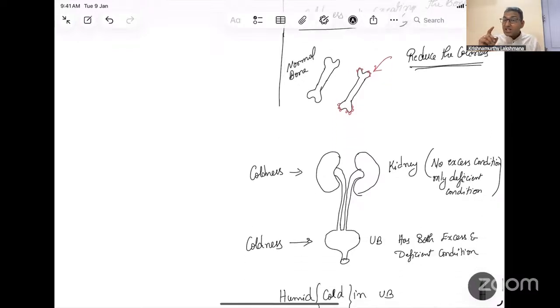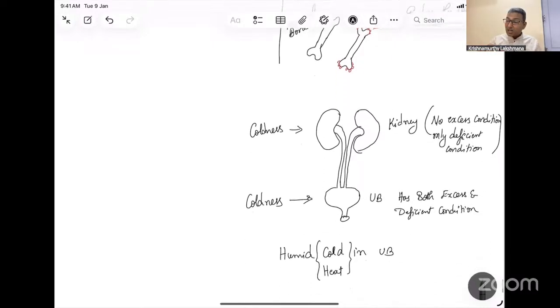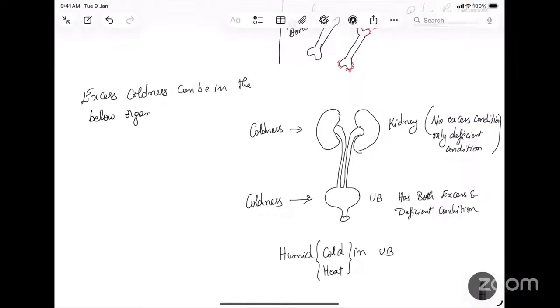Where all can there be excess coldness? It can be in the organs below. Lungs.